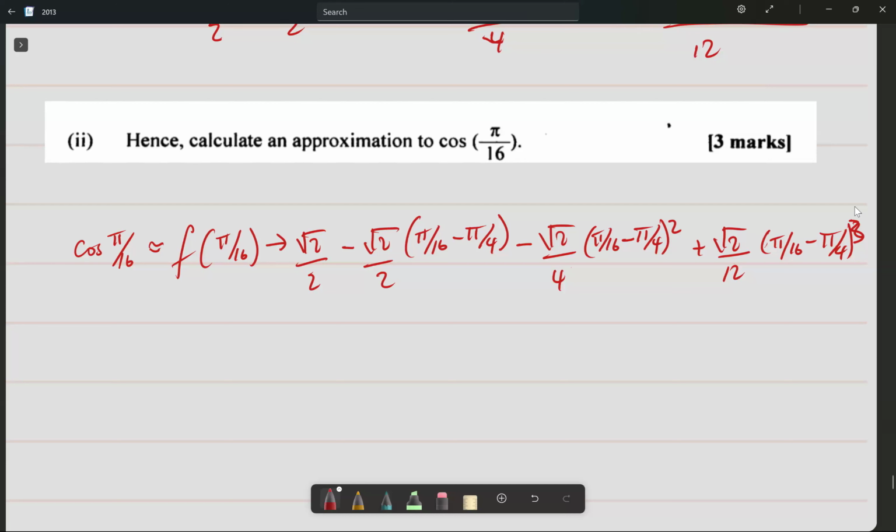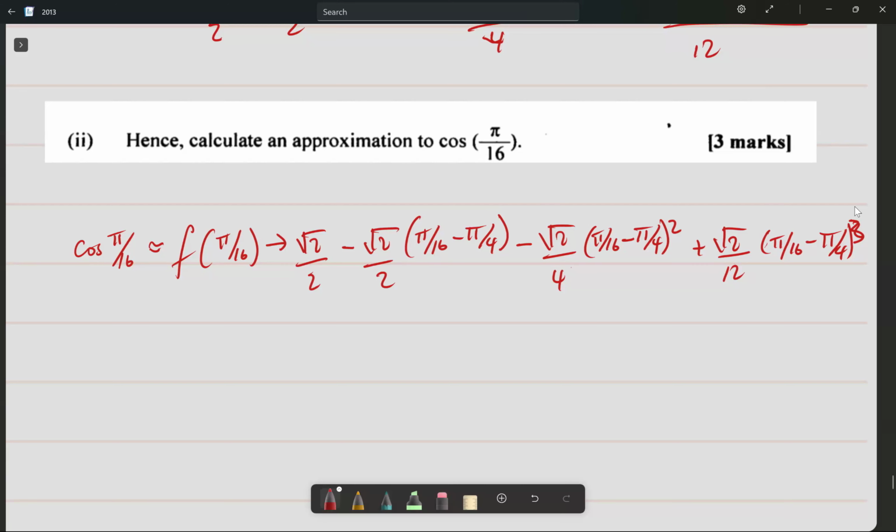There's no reason for you to feel like you need to do any math in your head. Okay? So that is root 2 over 2 multiplied by 1 minus pi over 16 minus pi over 4.